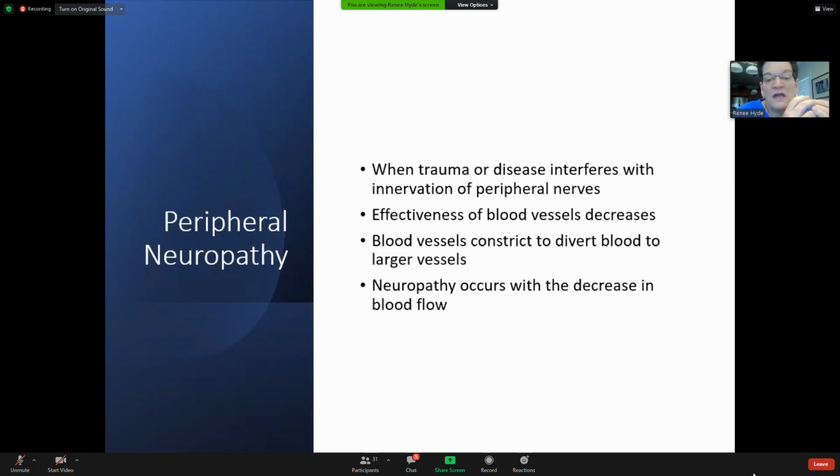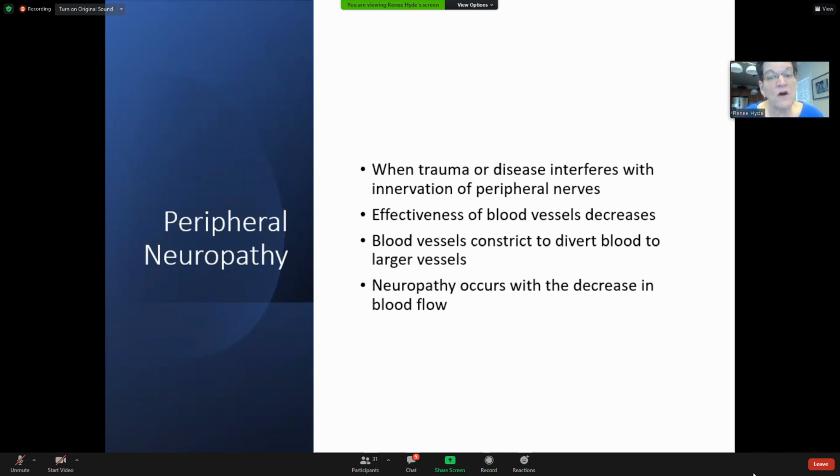Now, one of the things that they feel causes peripheral neuropathy in your patients with diabetes is that, because of that decreased blood flow, the blood does not allow for the distribution of B vitamins to those nerves. B12 and B6 and B1 are good vitamins that support nerve growth and nerve function.